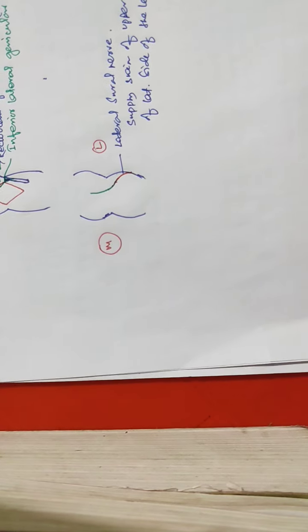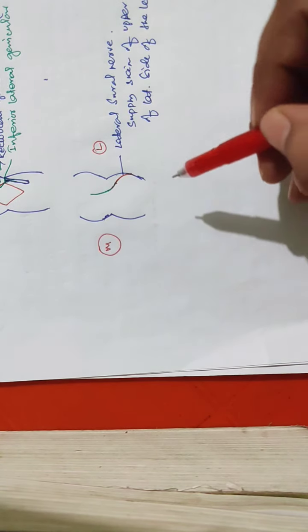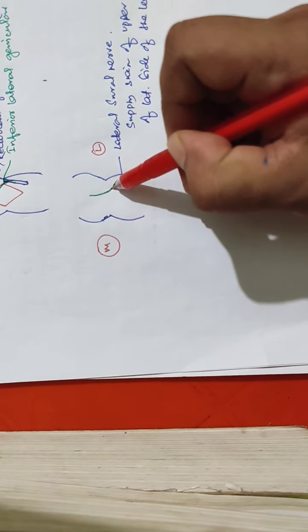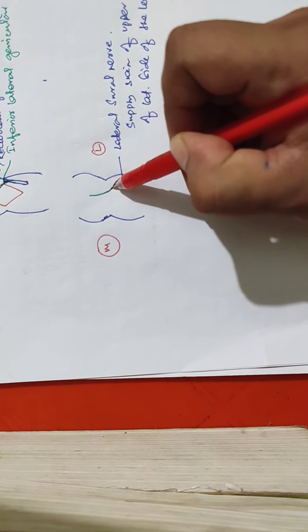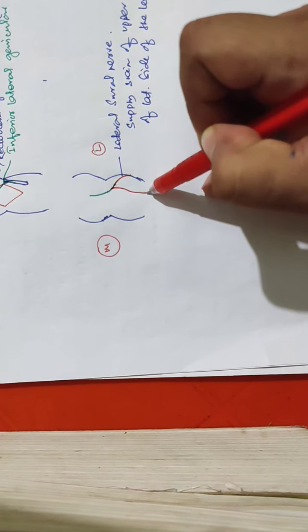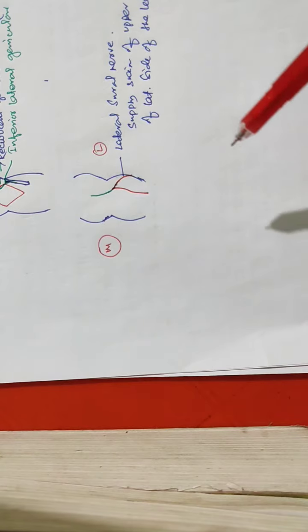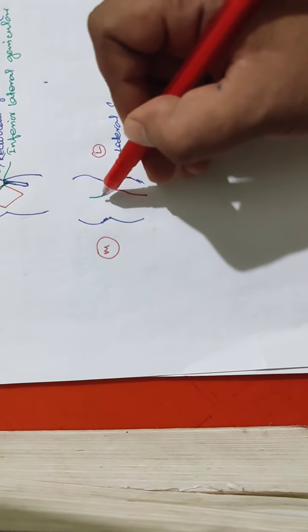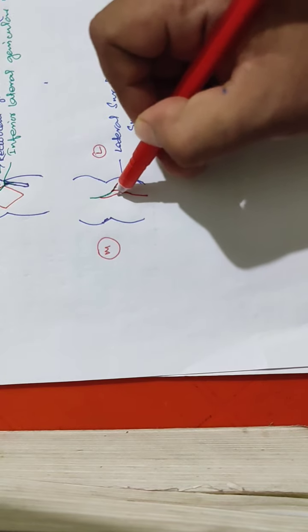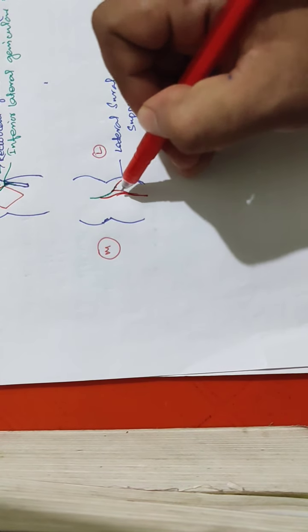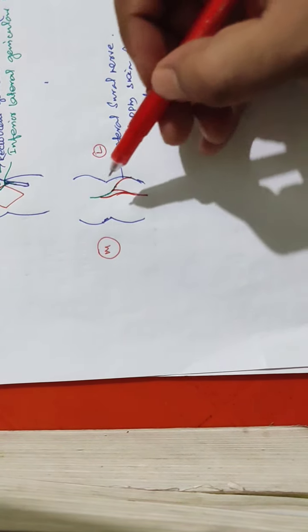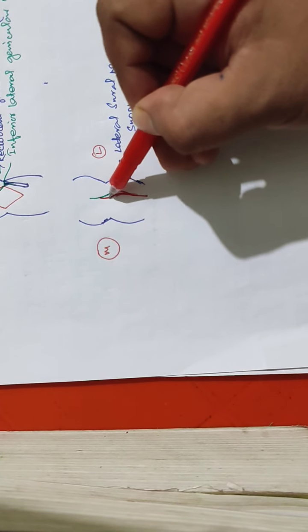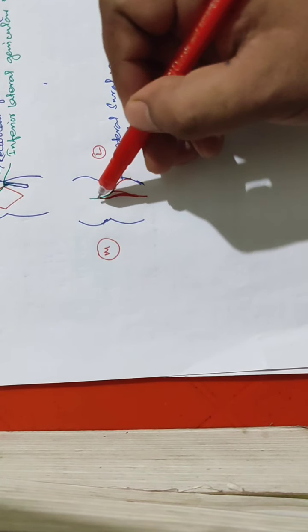Next, another cutaneous branch lies this way, from the upper part of the popliteal fossa.